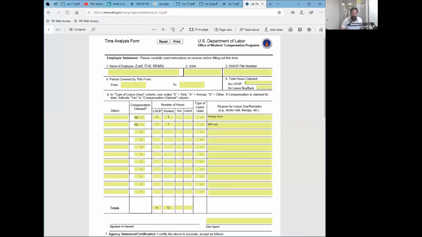Okay? So I showed you the form. Let's give an example. You're sent back to work for an 8-hour workday, and you're still on limited duty of sorts. So you're working limited duty for 8 hours, but you still need therapy and you still need to see the medical doctor. So what do you do? Let's say you work for 5 hours and your therapy is 3 hours.